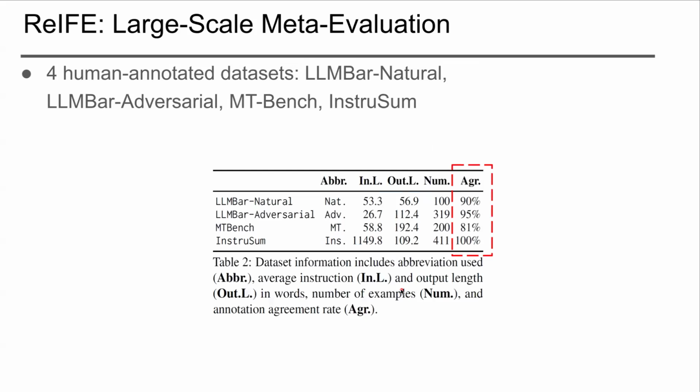We chose these data sets because we wanted high quality data sets with high human agreement. You can see the agreements between humans on these data sets, which range between 80% to 100%.